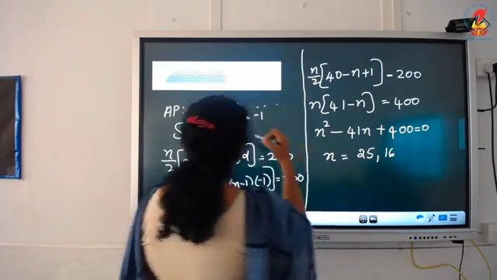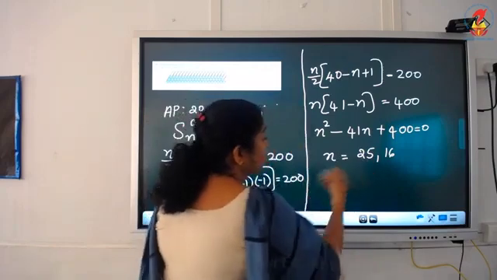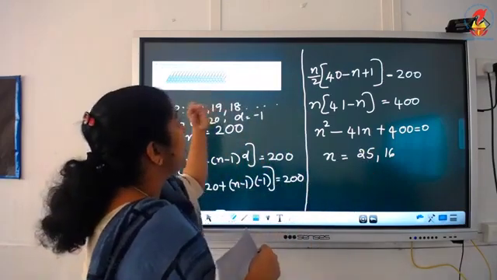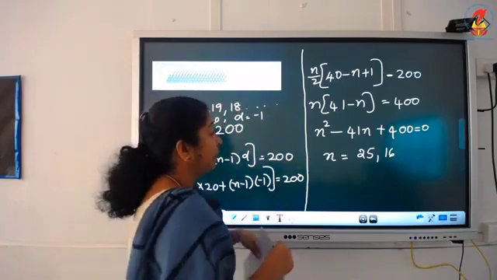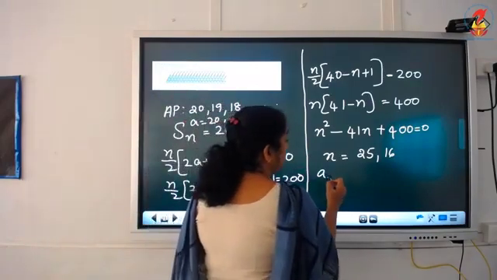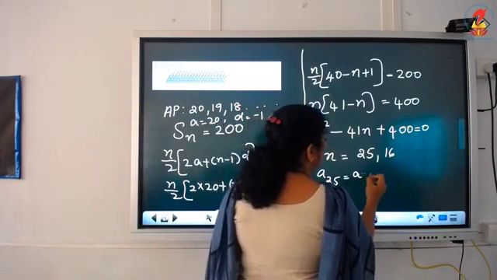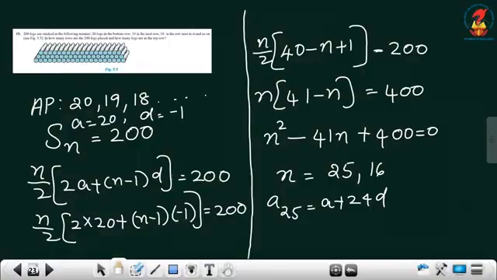And we need to find, so if n is 25, the top row will be a25. If n is 16, the top row will be a16. So we have to find both. a25 = a + 24d.